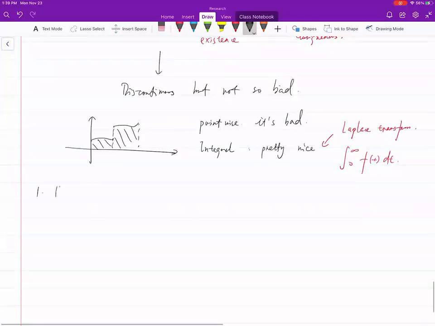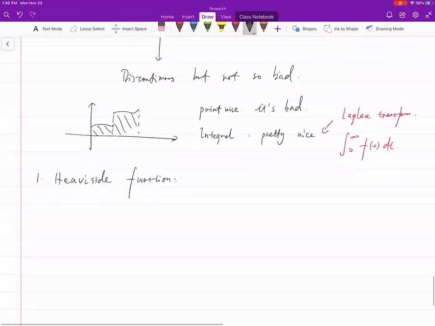Of course, we want to talk about why we need discontinuities in a differential equation. This is called a Heaviside function. I better make it careful. It's actually one word. Which looks like this way.